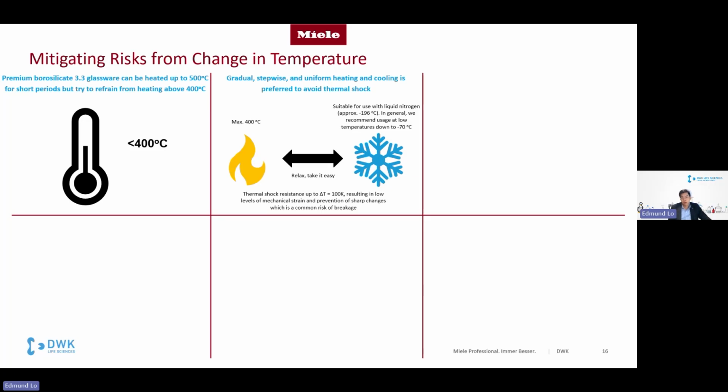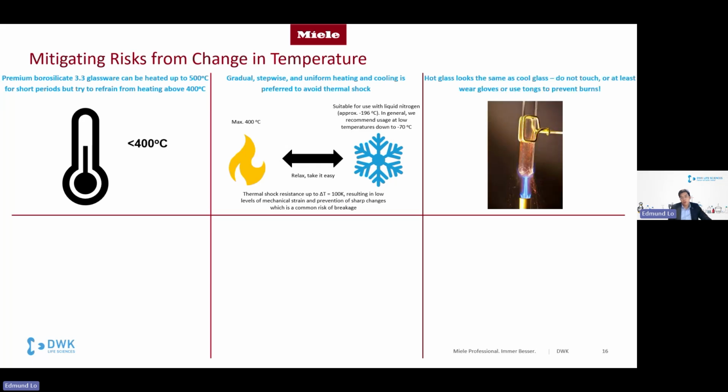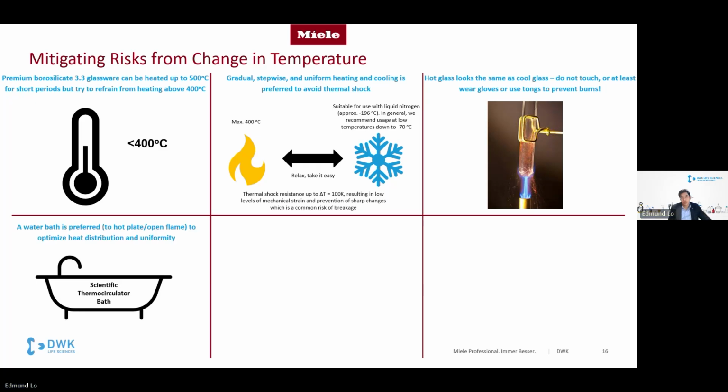Avoid going from 0 to hero straight away, so always go stepwise and slowly from one temperature to another before going to the highest temperature you want to go into for your experiment. Hot glass looks the same as cool glass, so don't touch, or at least wear a pair of heat-resistant gloves or use tongs to prevent burns.